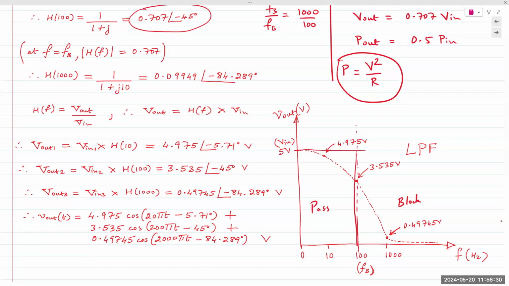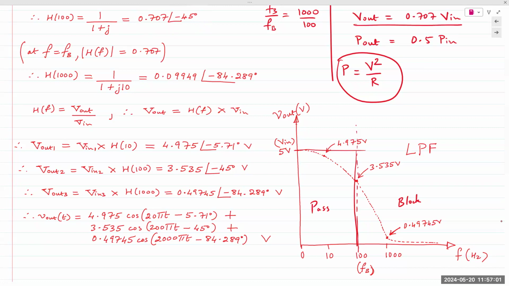If your break frequency is 1000 and your input is 1000, you'll get 1 plus j. If your break frequency is 11,500 and your input is 11,500, you'll again get 1 plus j. So V out at the break frequency, doesn't matter what kind of filter it is, will always be 0.707 times your input voltage. Output voltage will drop to 70% of the input.